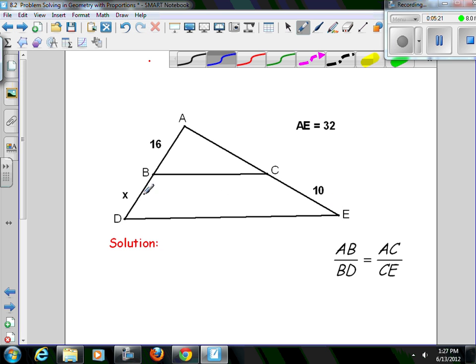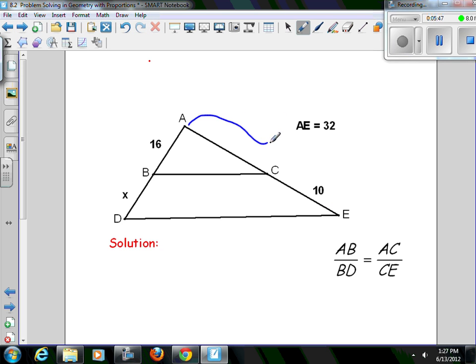And we'd like to find out what X is. Well, here's our solution. The ratio of AB to BD should be the same as the ratio of AC to CE. Now, if we can find out what AC is, we're in good shape.